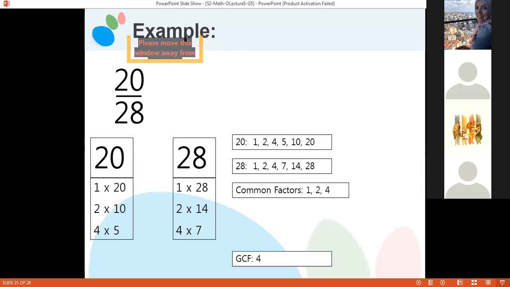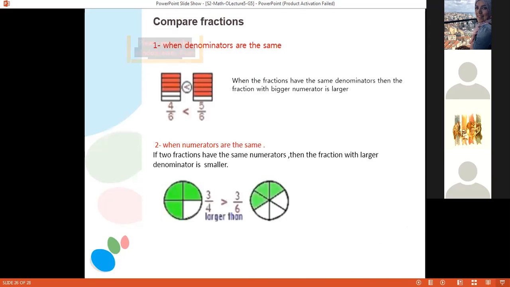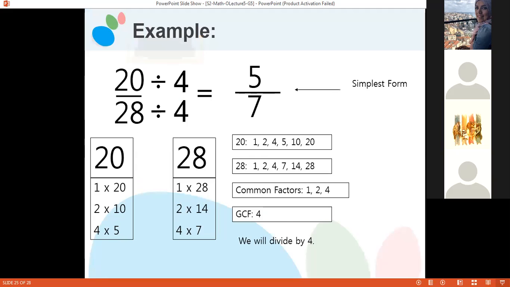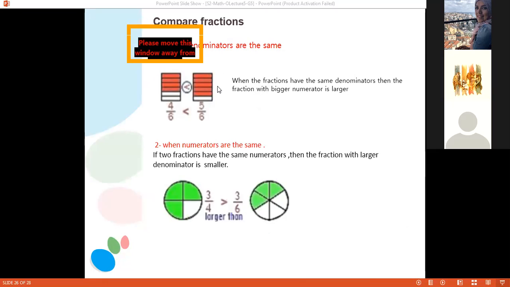Let us continue now. Today I'm going to explain how we compare fractions. Please concentrate, because this is not easy. Let us start with the first case. I'm going to compare fractions that have the same what? The same denominator.